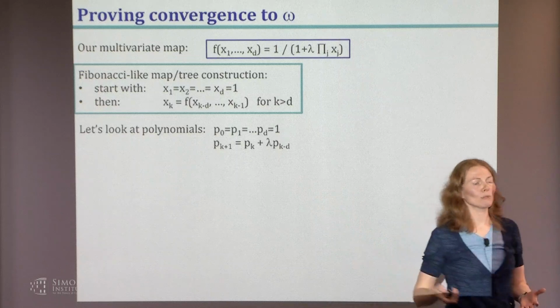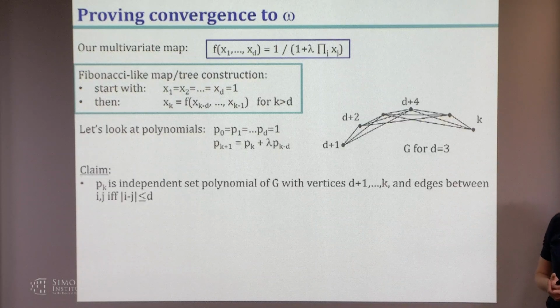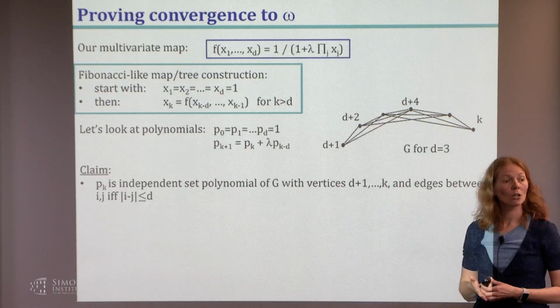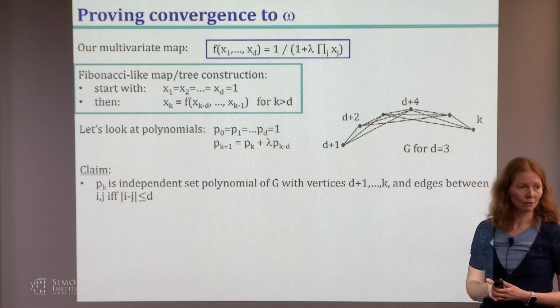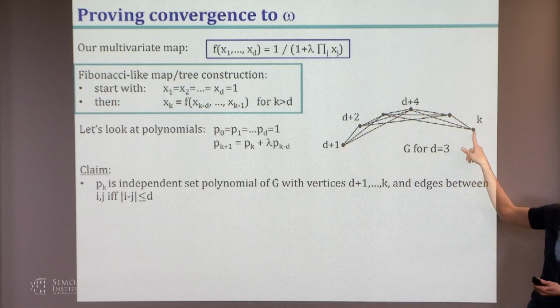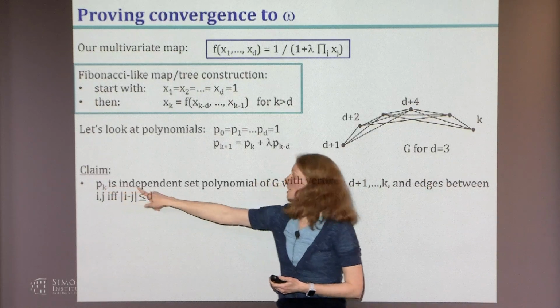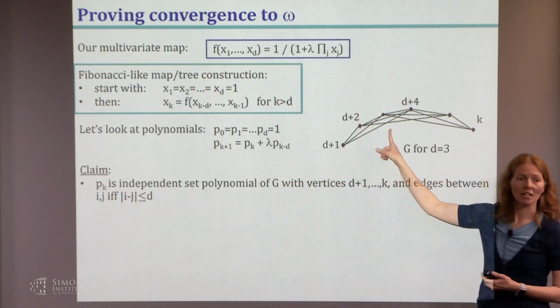So where am I going with this? Well, it turns out that if I build my polynomials this way, they represent independent set polynomials of the following graph. I take vertices from d plus 1 all the way to the k that I'm currently at. And now I claim that pk, the kth polynomial, is the independent set polynomial of this graph.